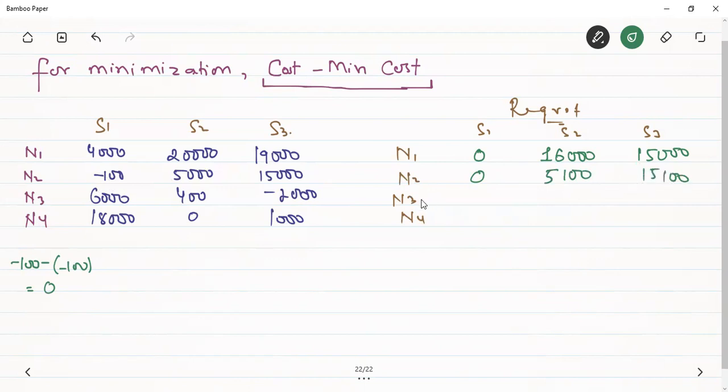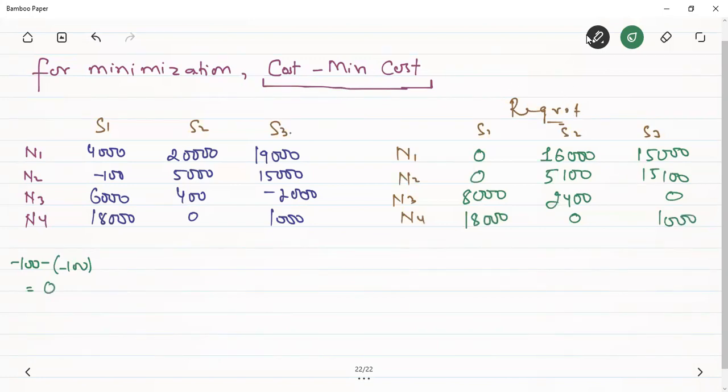So this will be the regret for it. In this case the minimum cost is minus 2,000, therefore cost minus minus 2,000 will be equal to 8,000. Then 400 minus minus 2,000 will be equal to 2,400, and this will be equal to 0. And finally, at the last, the minimum cost is 0, so 18,000 rupees will remain as it is.